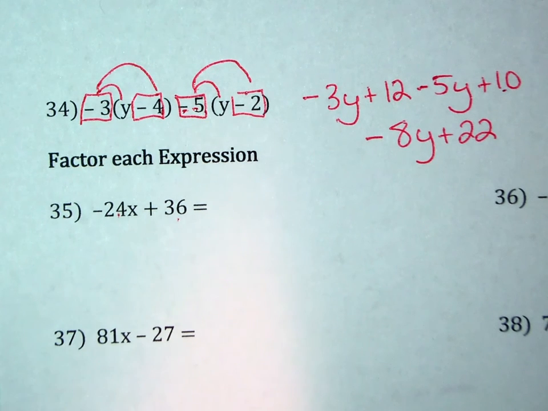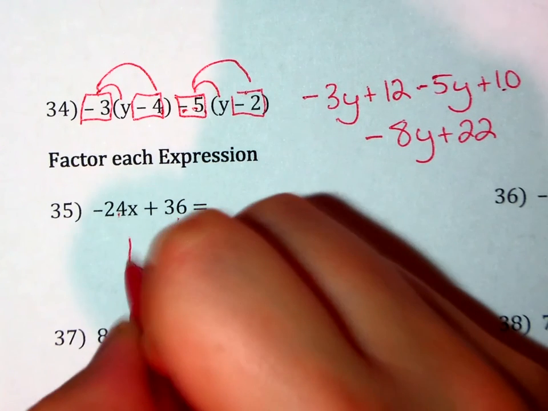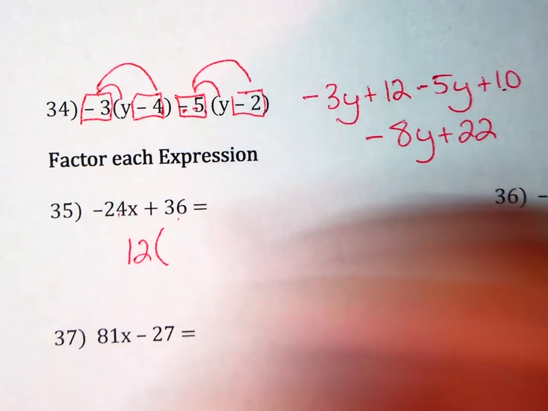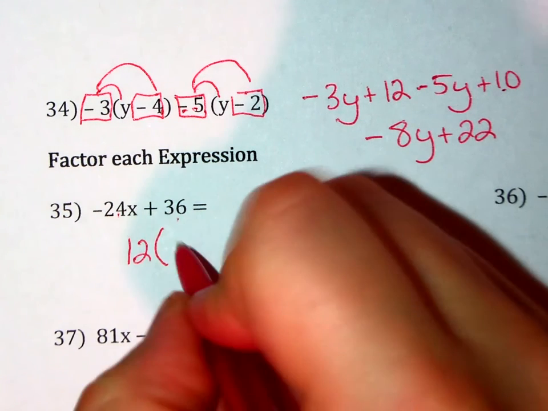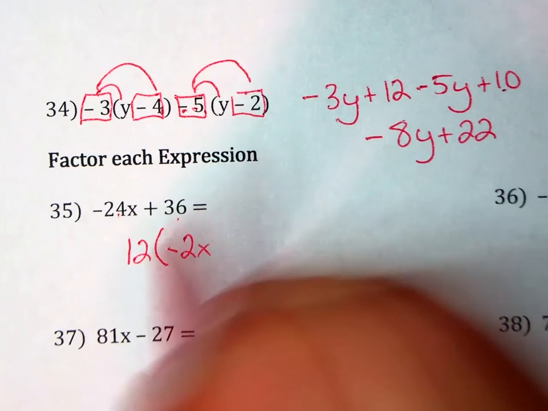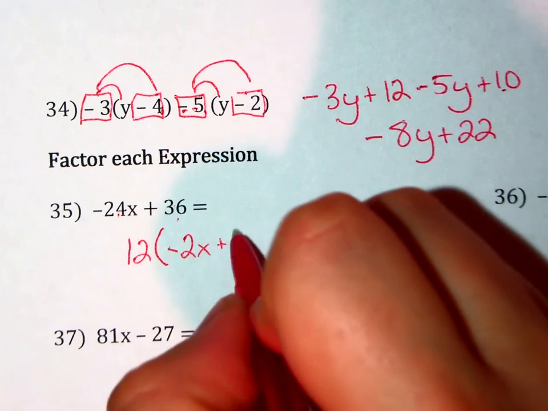Well, I see that 12 goes into both of those terms. So I'm going to pull out a 12. If I divide negative 24x by 12, I would end up with negative 2x. And if I divided 36 by 12, I would end up with positive 3.